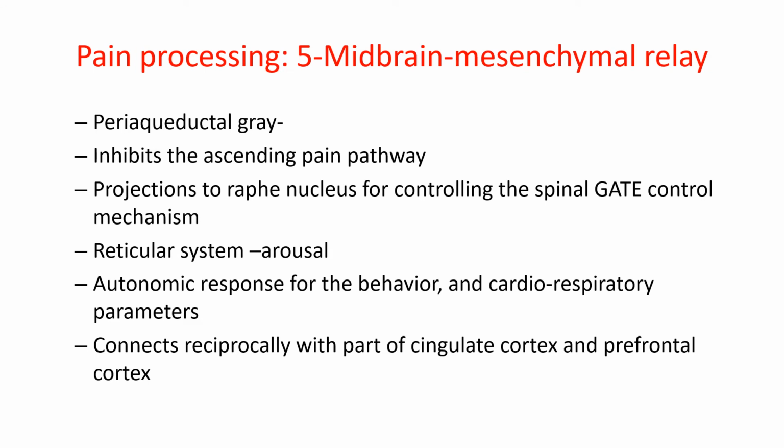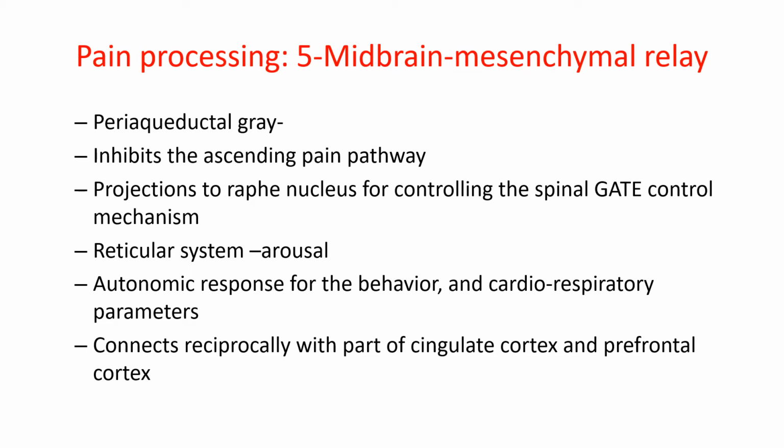The lateral spinothalamic tract, while ascending to the thalamus, also relays in the midbrain mesencephalic area, that is around the periaqueductal region. This makes a collection of neurons, what is called the periaqueductal gray.